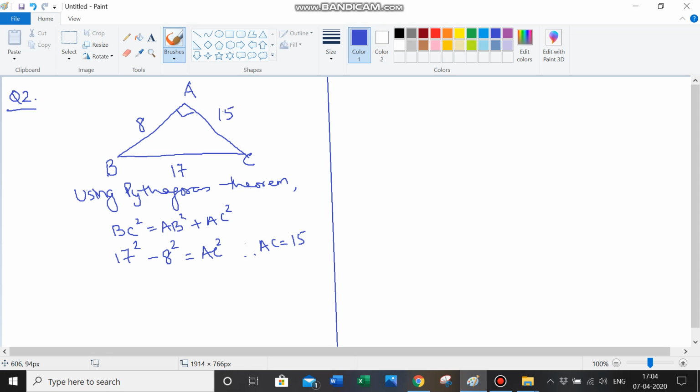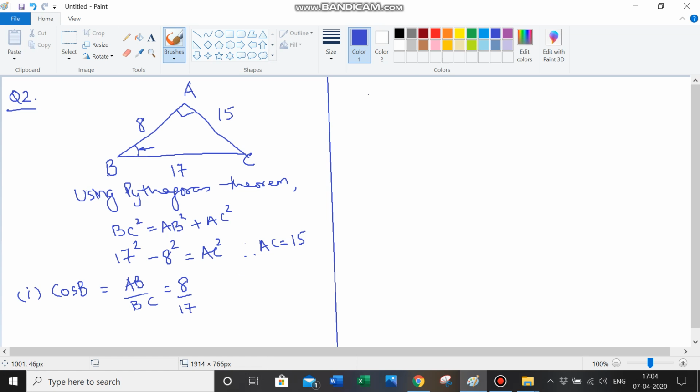So let's look at what parts they want us to calculate. Part 1 is cos B. So the angle of reference is B. So cos B, if I remember, is adjacent upon hypotenuse. So the adjacent side is AB and the hypotenuse is BC, which is 8 upon 17.